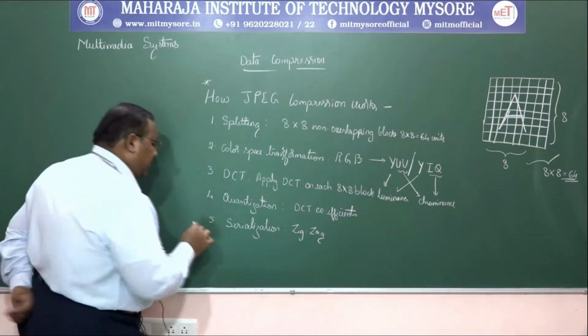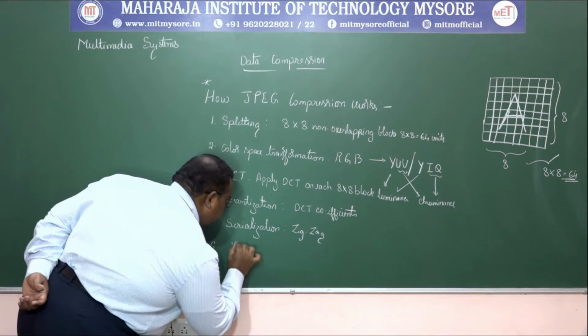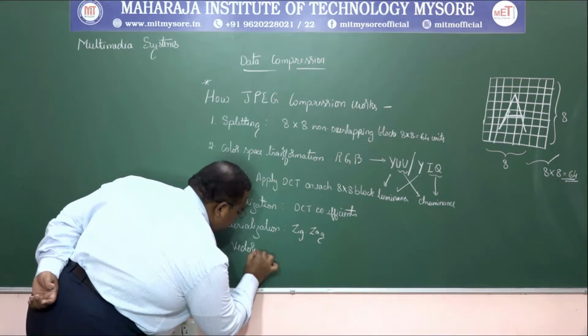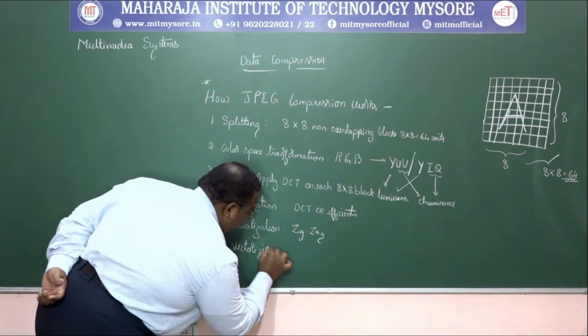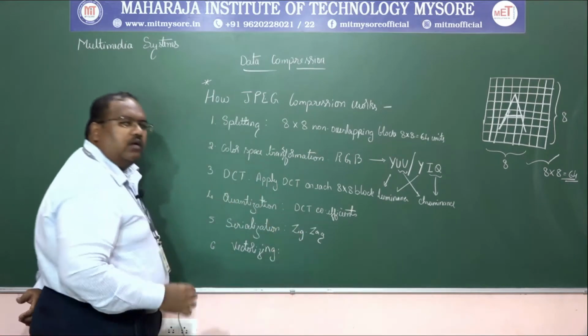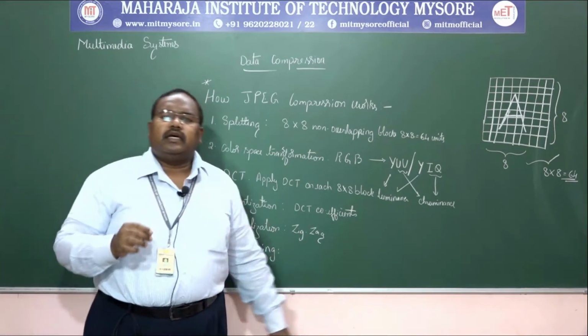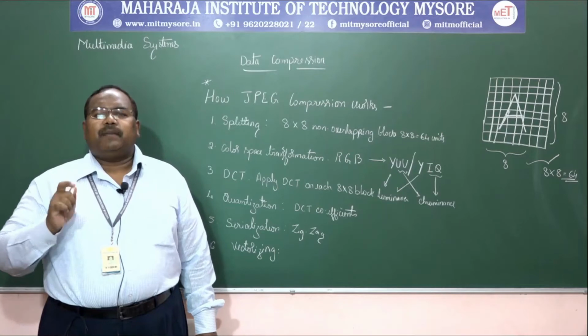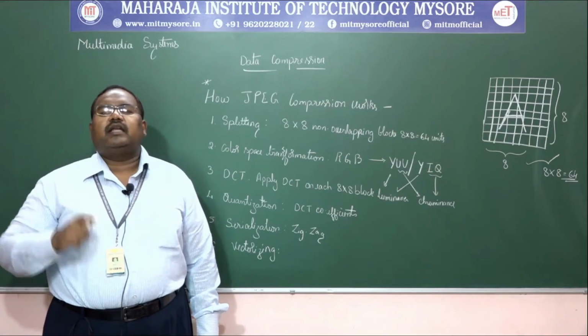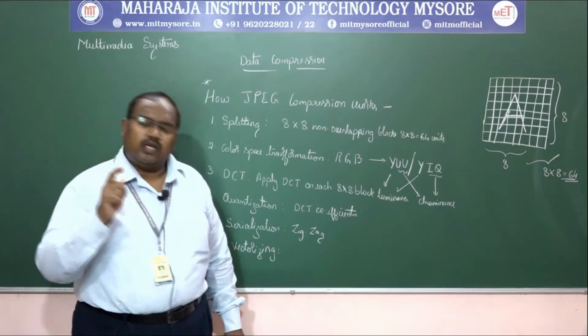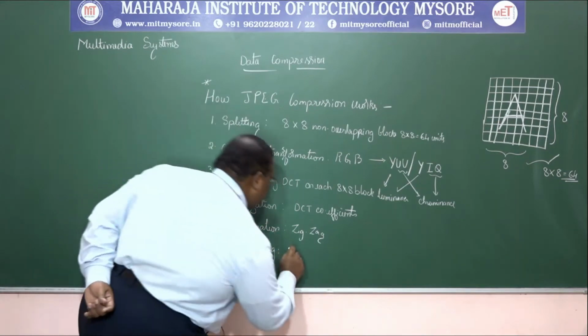And the sixth one is vectorization, or vectorizing. What happens here? Here we do DPCM, that is differential pulse code modulation, on DC components.